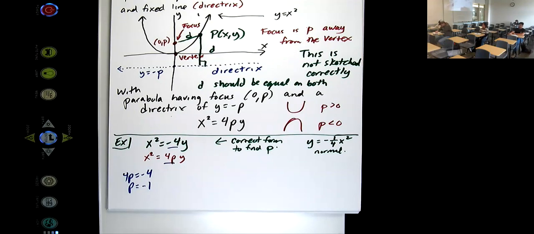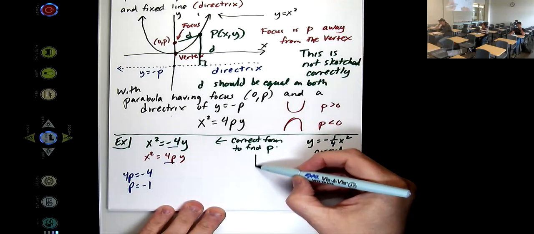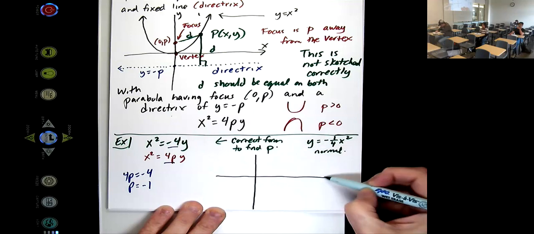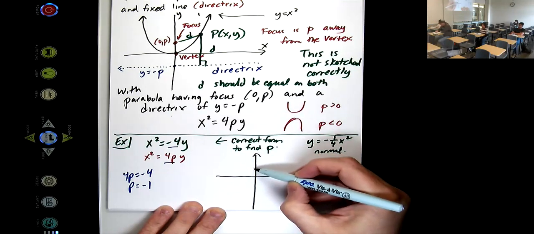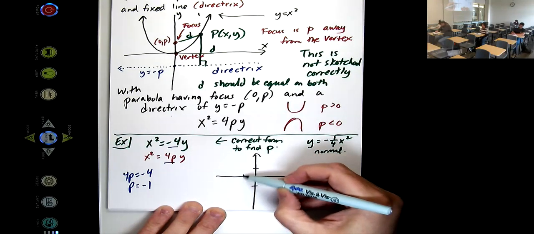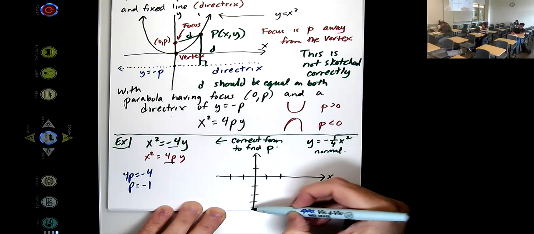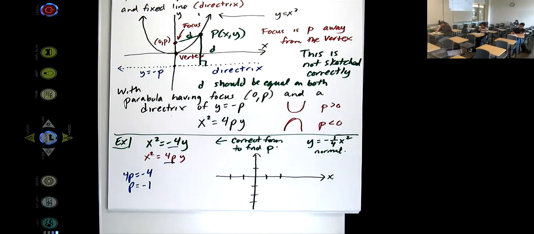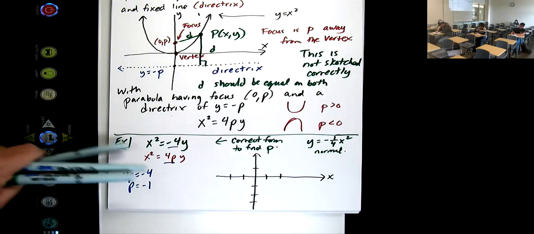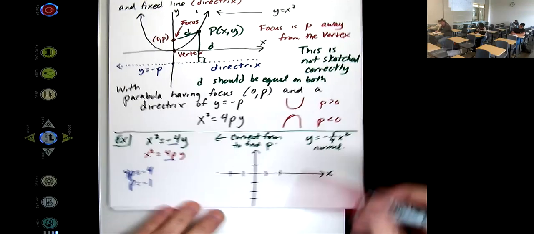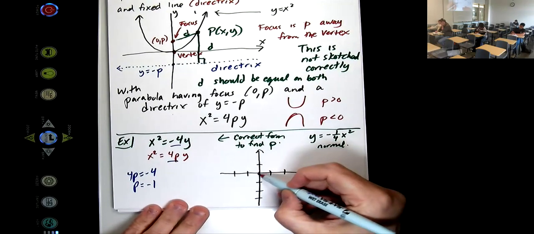And so if I draw this, I hope you guys can see (0, 0) as a point. From either one of these, (0, 0) is a point on the parabola.